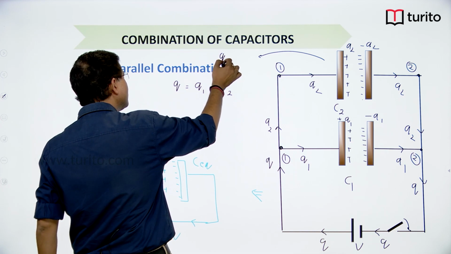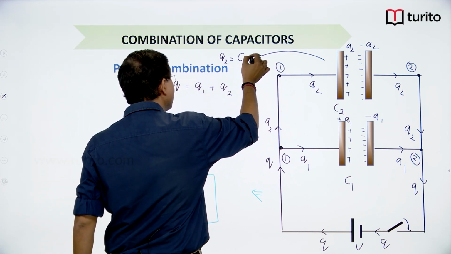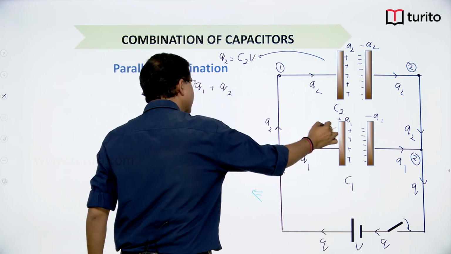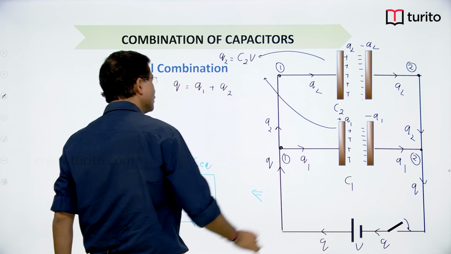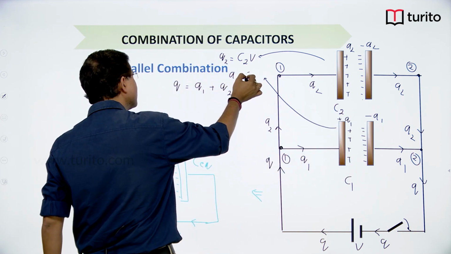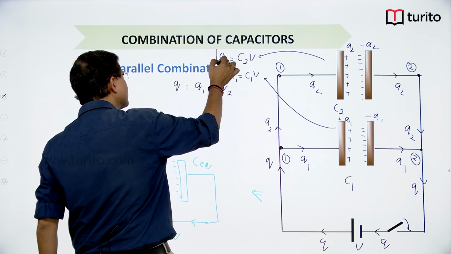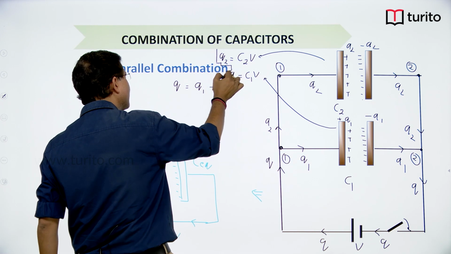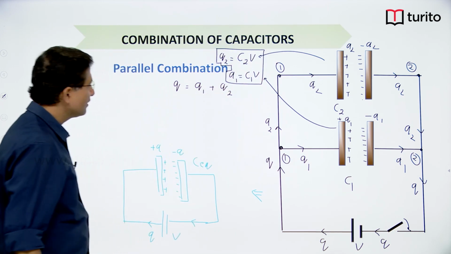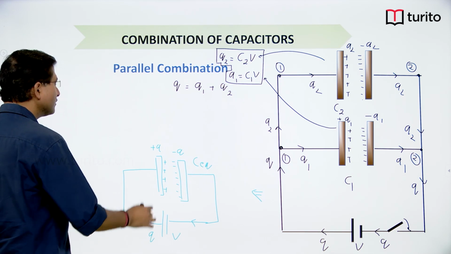That means Q2 is equal to C2V. Similarly for this capacitor I can write Q1 is equal to C1V. So these two values I can substitute in the equation. So let us substitute the values.